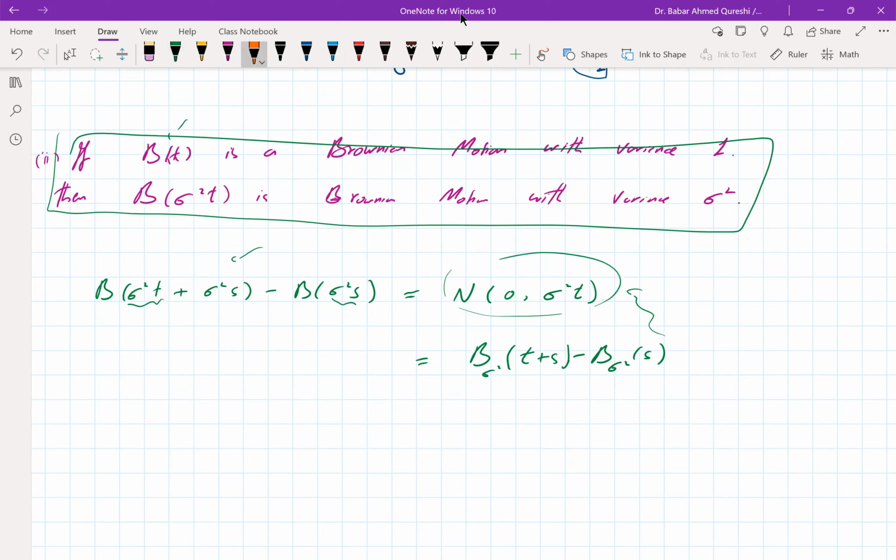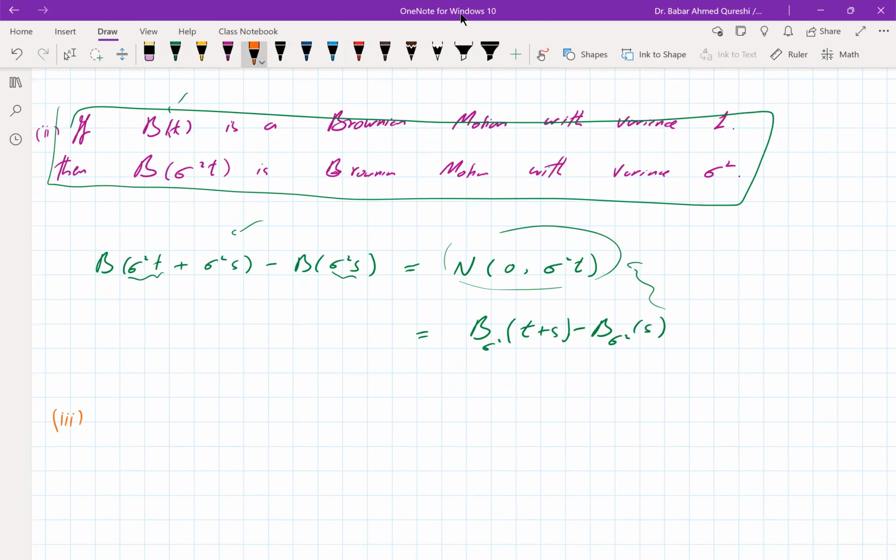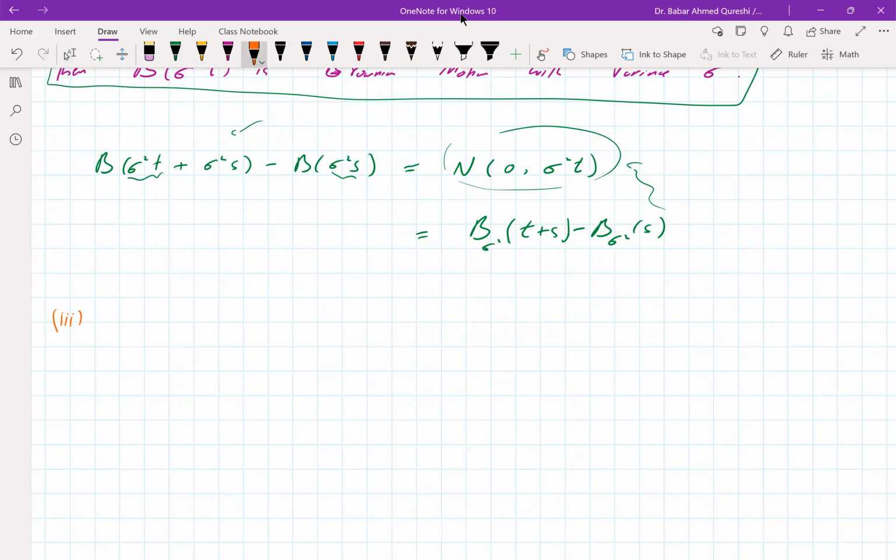So because of these two facts, one can talk about this property of self-similarity. So what does this say?